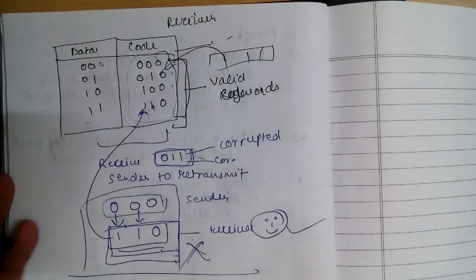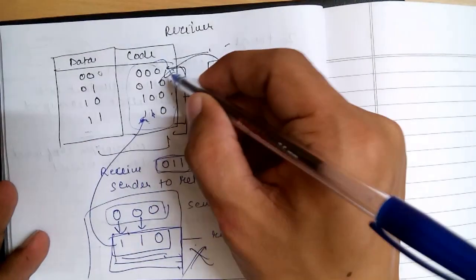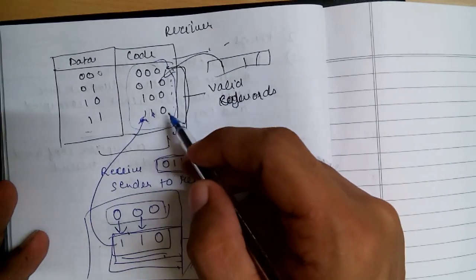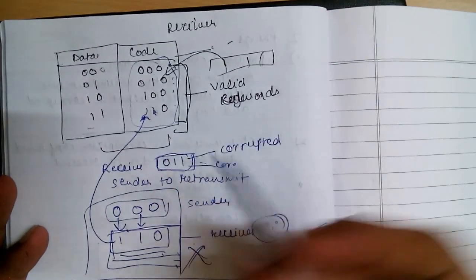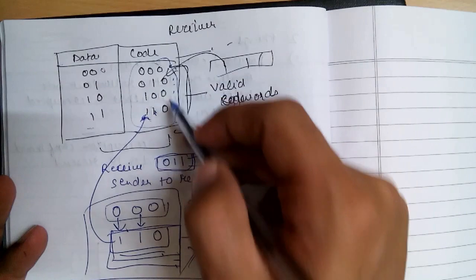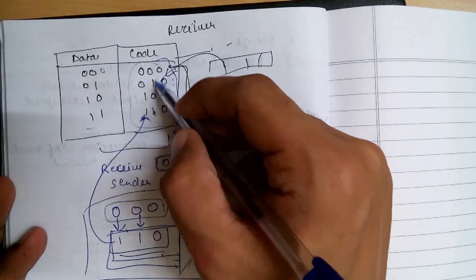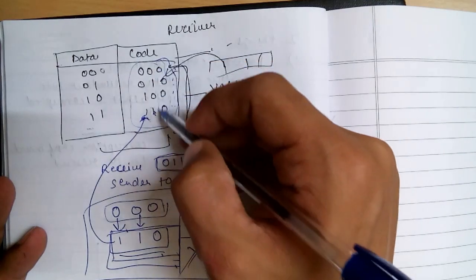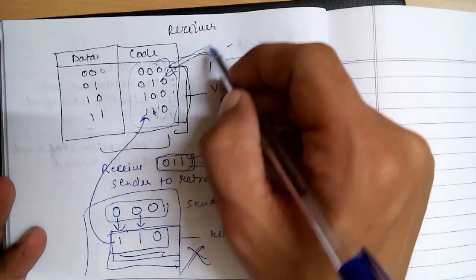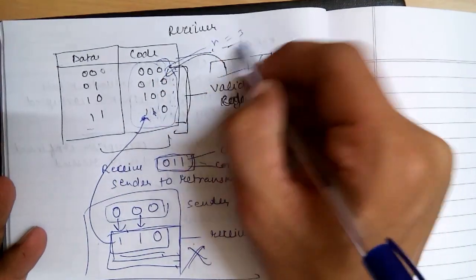Last time, using this table, we were able to detect whether the received data is one of those valid code words. As we added one extra redundant bit, the size of our code word became n equal to 3.